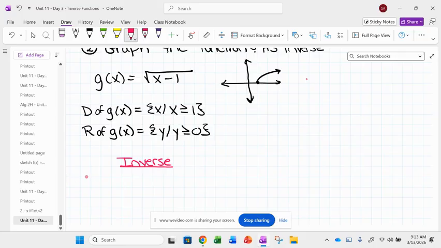So now our inverse is going to be, I take y equals the square root of x minus 1. I'm going to switch x and y.